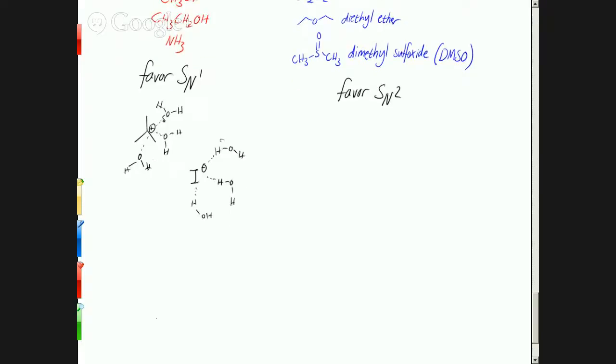So the protic solvents stabilize carbocations and nucleophiles. And so that speeds up the SN1 process and slows down the SN2 process and ends up favoring SN1.